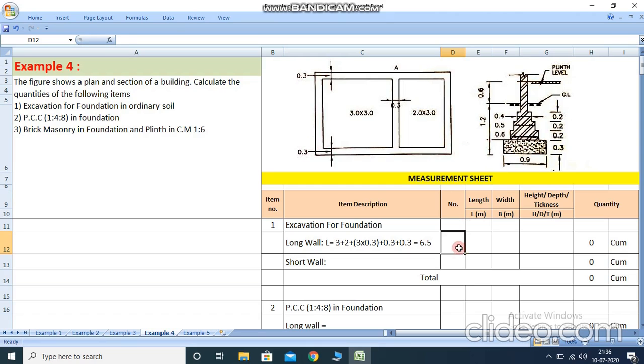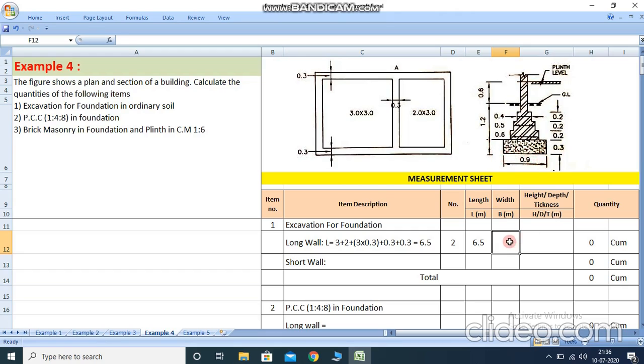So the number is 2, and the length we calculated is 6.5 meter. And the width of the excavation is the width of the footing, meaning the PCC bottom part excavation width is 0.9 meter.